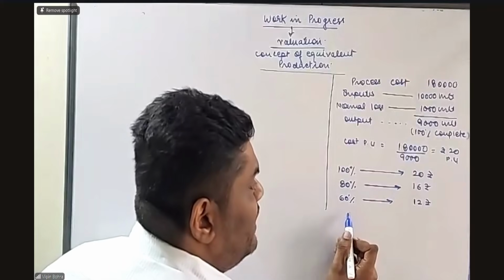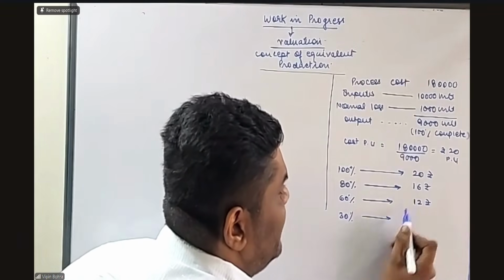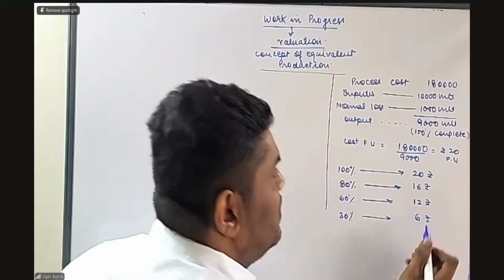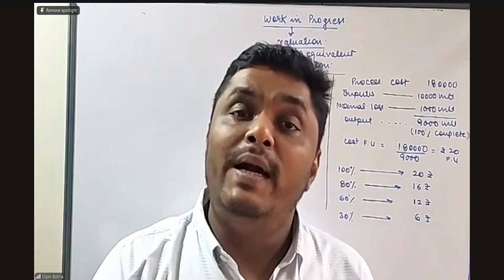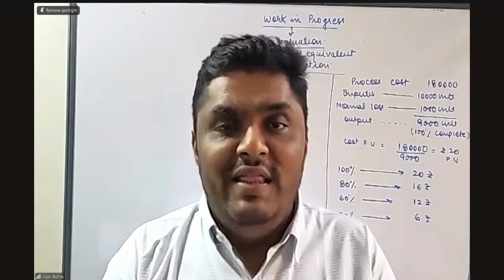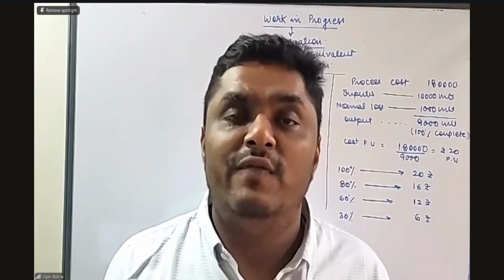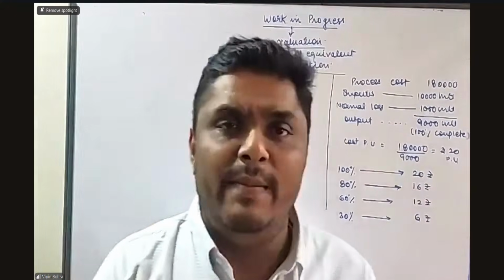If we want to calculate the units that are, let's say, 30% processed, the cost will be how much? 6 rupees. So the point is very simple. If we are able to calculate the cost of the units that are 100% processed, then we can easily calculate the cost of the units that are still in process. So this was a very basic example.